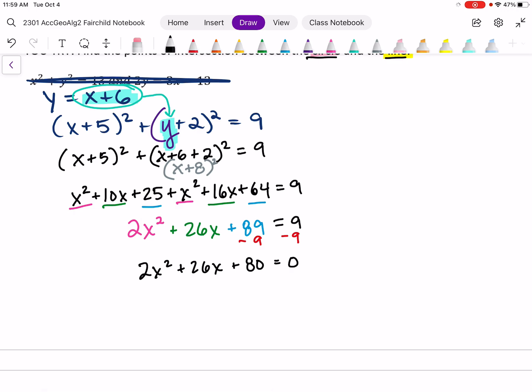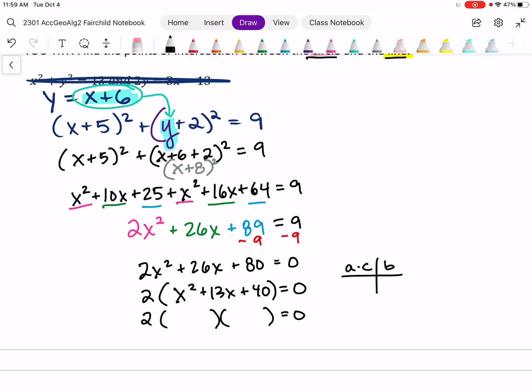We're going to factor. So first we take a GCF of 2: x squared plus 13x plus 40 equals 0. Then we're going to factor this into two binomials. You can do your A times C chart, right, that sums to B. At this point, we want to start factoring these in our head.